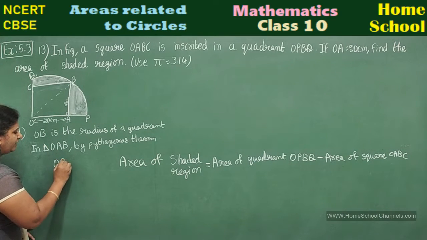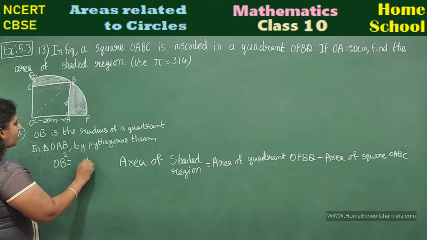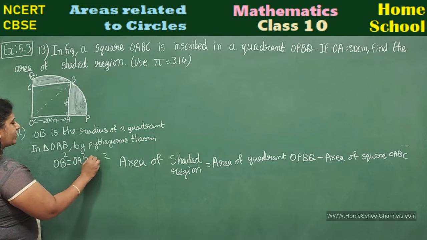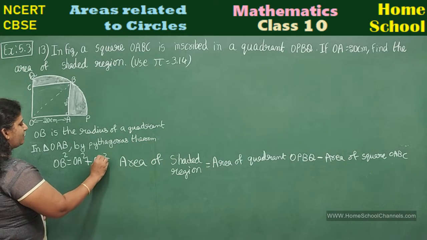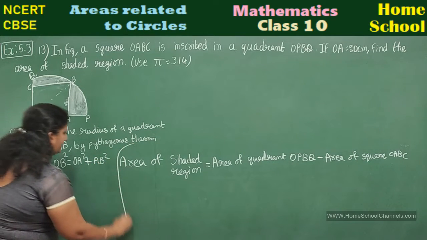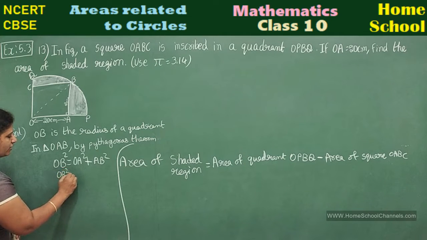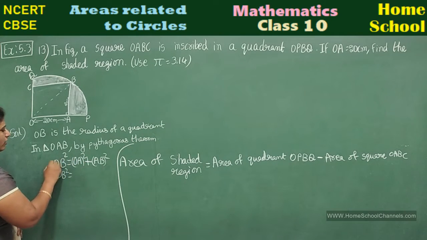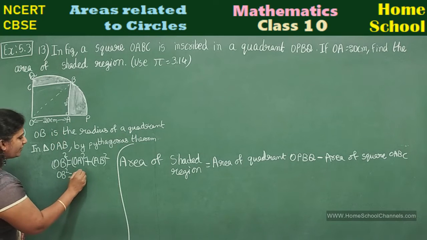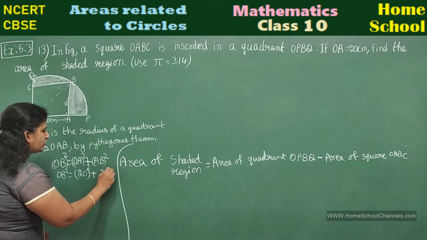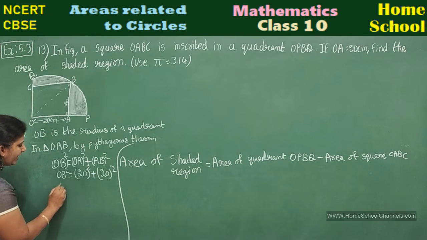Hypotenuse square is equal to the sum of the squares of the other two sides: OA square plus AB square. Right? OB, we don't know. OB square is equal to OA, 20, whole square plus AB, also 20, whole square.